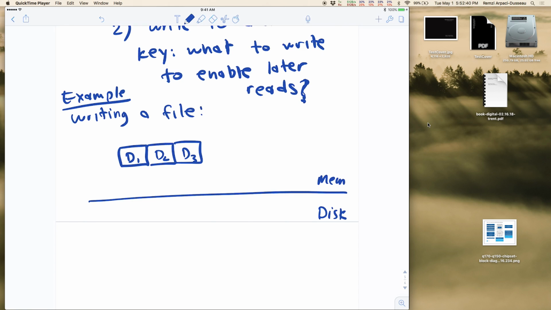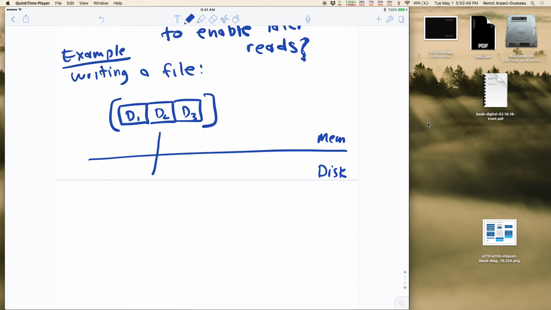Let's say we're buffering this in memory, and let's say we have enough data at some point, and we're going to then commit it to the disk. Okay, so data block 1 comes down here, and data block 2, and data block 3. So that's not too exciting. If we just had data and that's all we had and we didn't care about anything, this is what we would write.